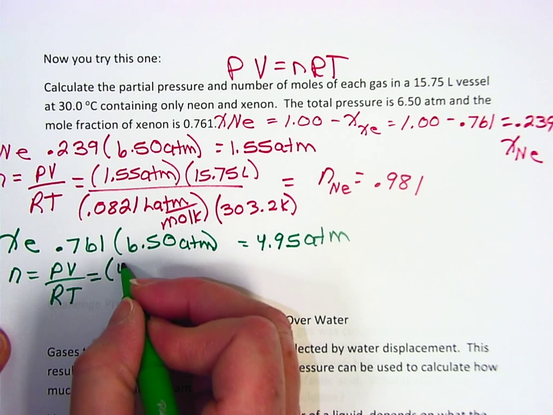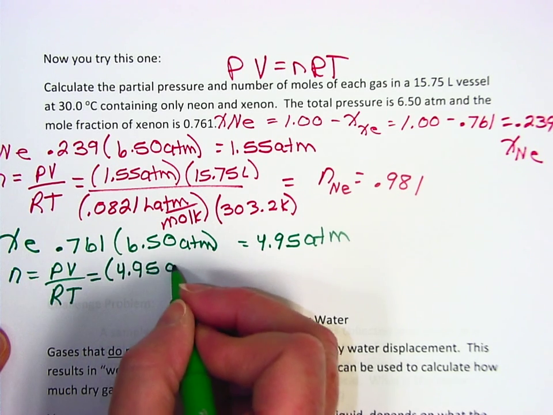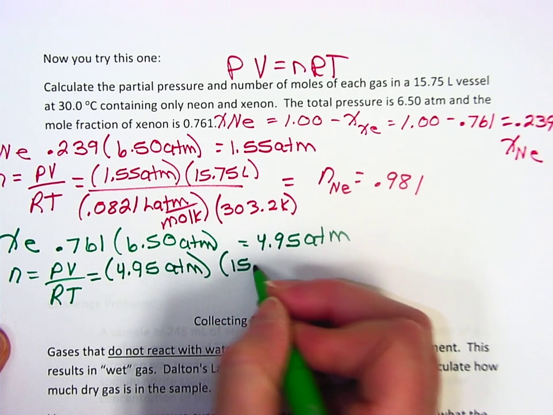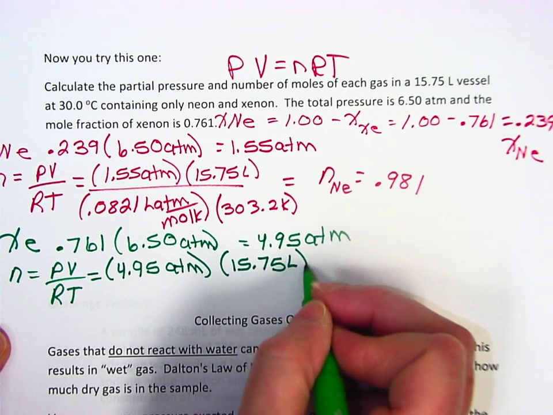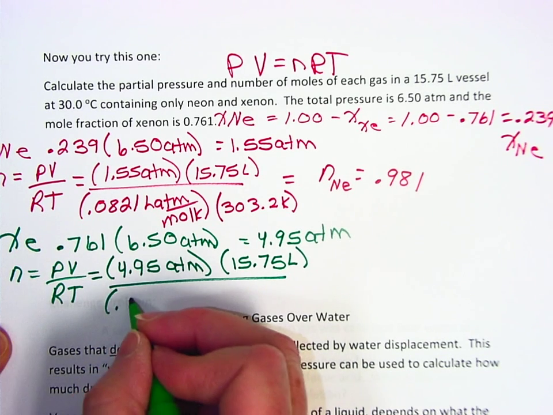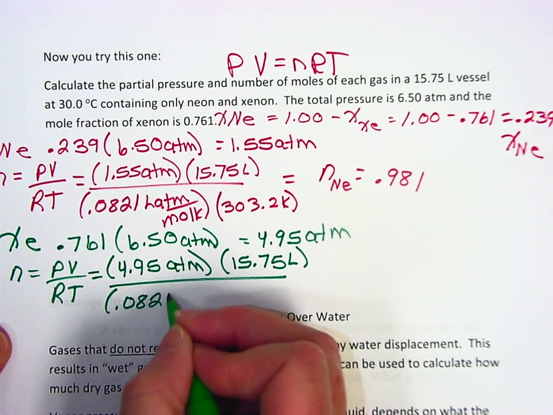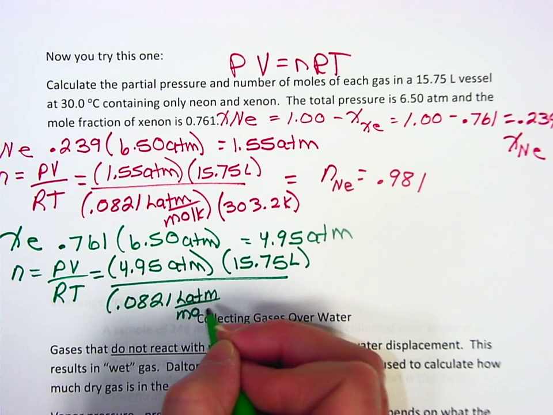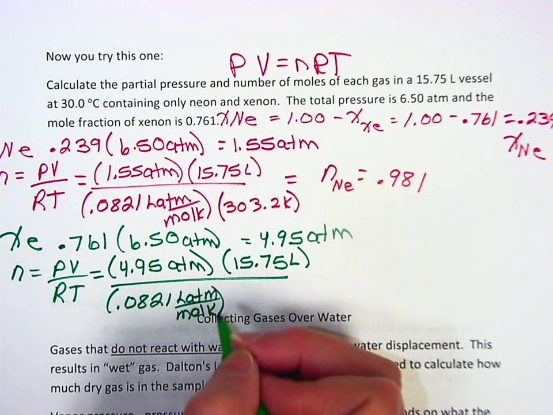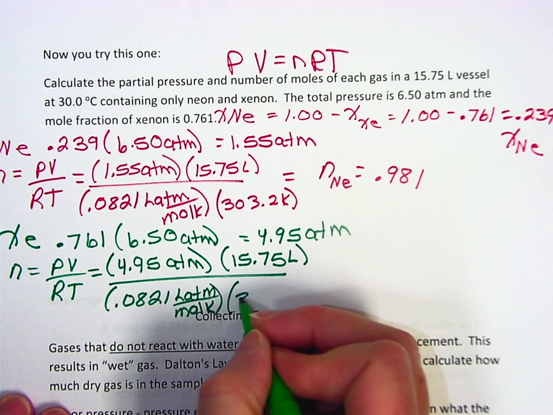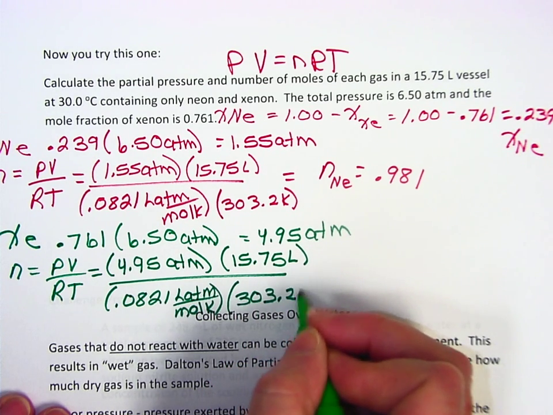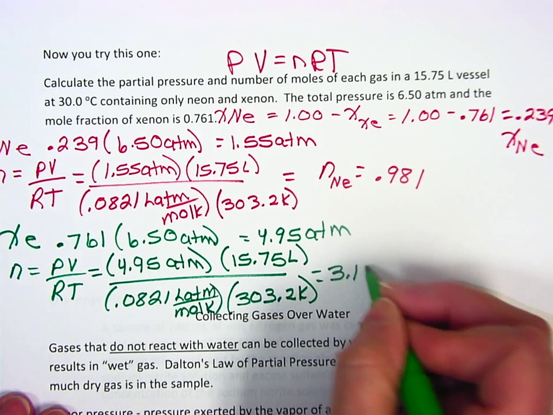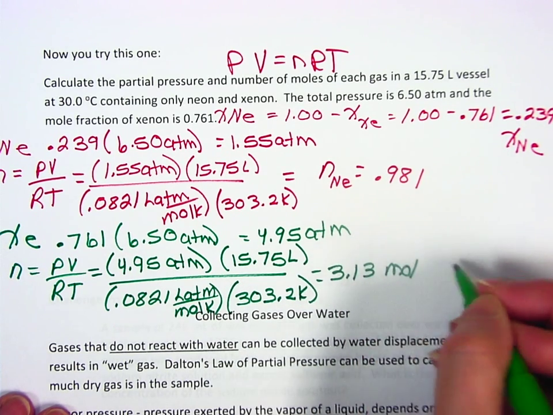My pressure, 4.95 atmospheres, times my volume, 15.75 liters, divided by my gas constant, 0.0821 liter atmosphere per mole Kelvin, times 303.2 Kelvin. And I get 3.13 moles of xenon.